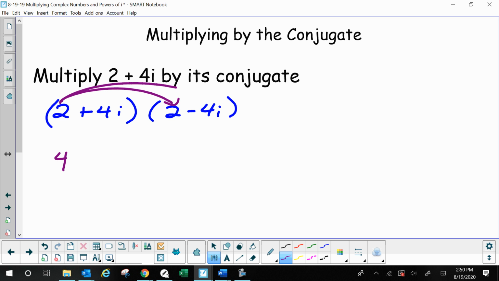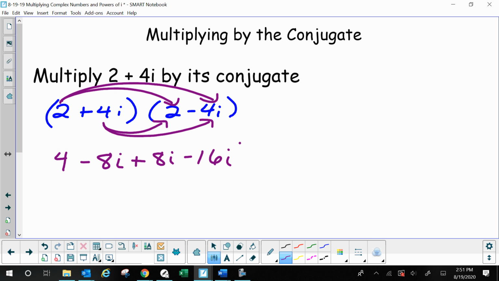What is 2 times negative 4i? Negative 8i. What's 4i times 2? Just positive 8i. And then what's 4i times negative 4i? Negative 16i squared.